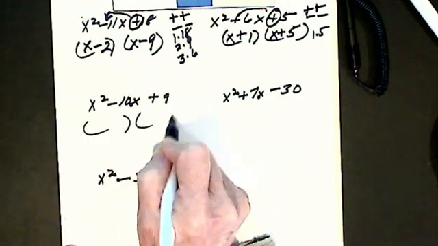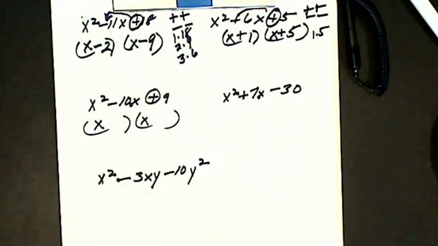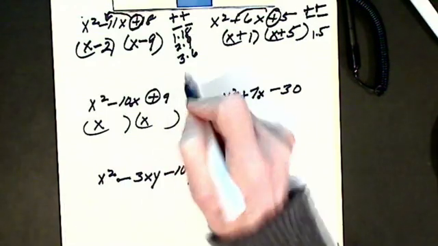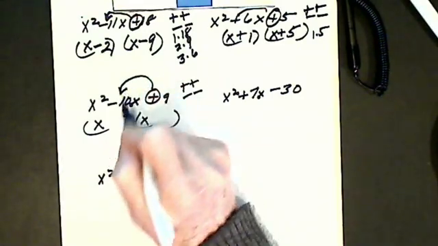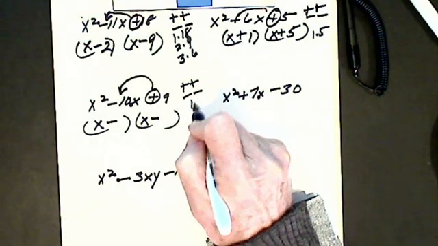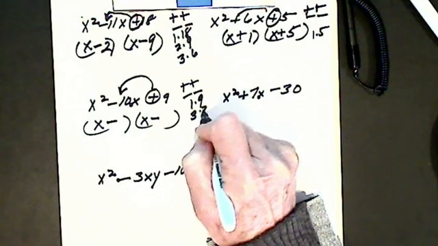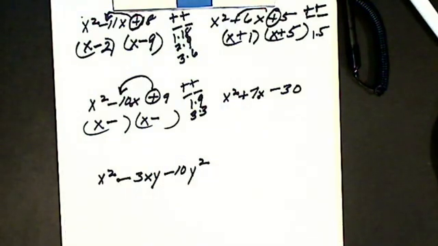Here we go. I have x, x. A plus again means the signs are the same in my answer. Plus, plus, or minus, minus. I don't know which one. I look to the middle. This has to be minus, minus. I write down my factors of 9. 1 times 9, or 3 times 3. I ask myself which pair, if I add or subtract, do I get a 10?